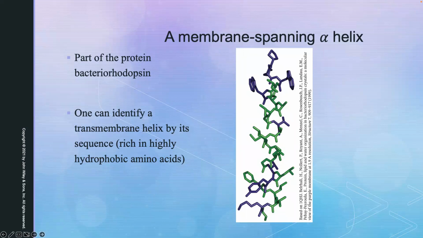This portion of the sequence is from a protein called bacteriorhodopsin, and its 3D structure shows that the polar residues are in purple and the nonpolar residues are in green. Again, you want the nonpolar residues to be what's going through the membrane.